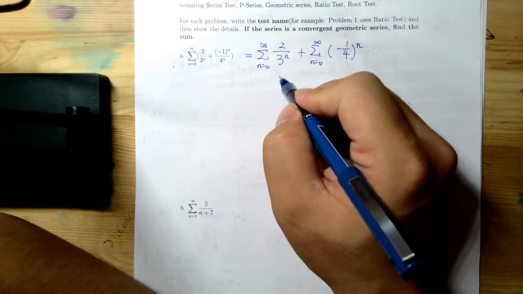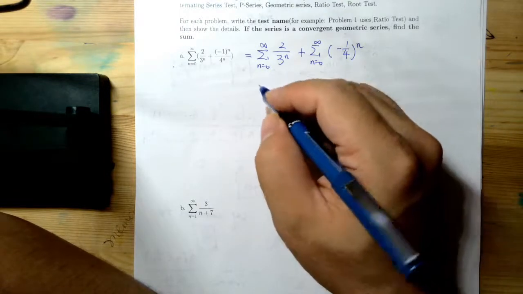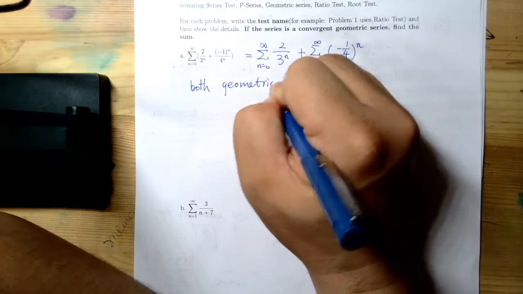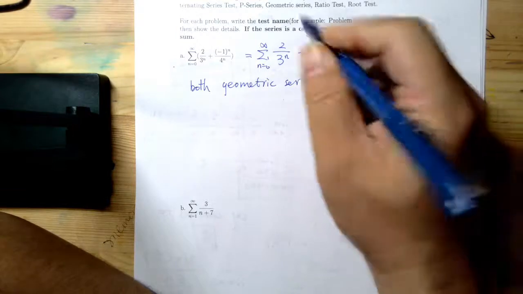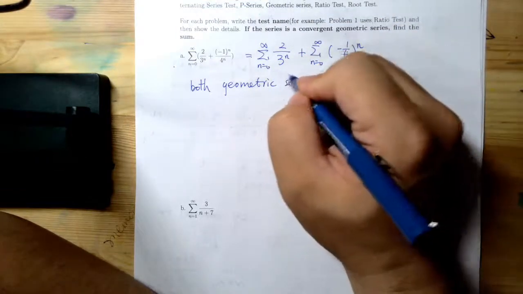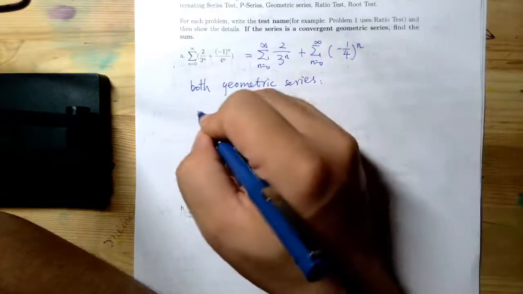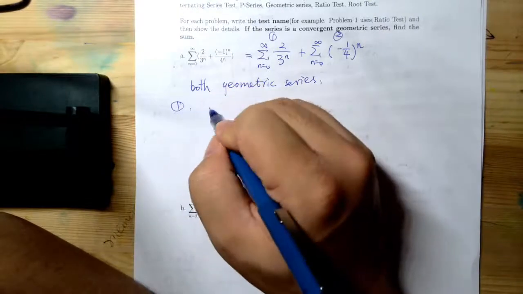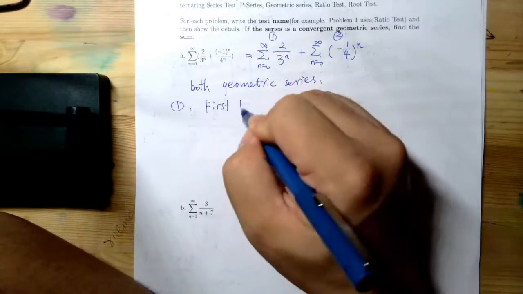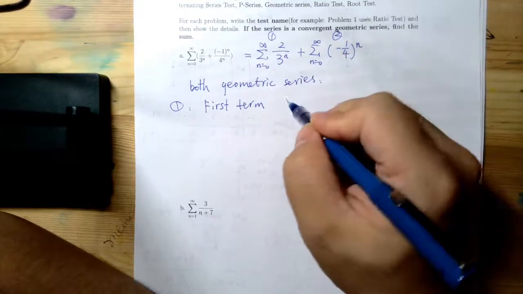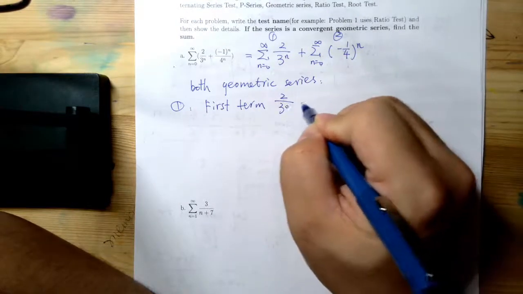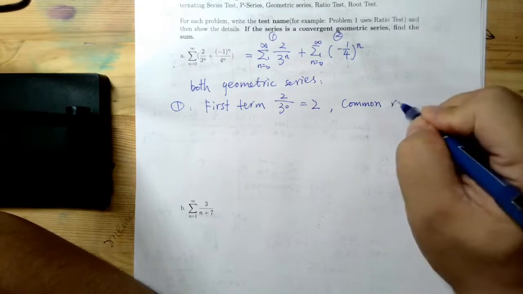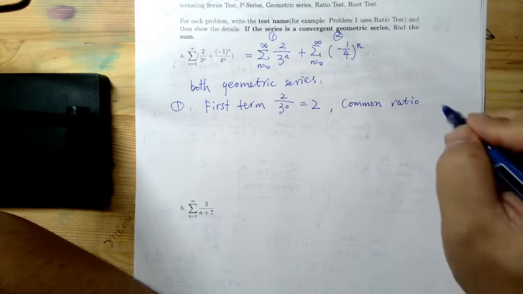Let me label this one 1 and this one 2. For the first one, the first term is 2 over 3 to the power 0, which is 2, and the common ratio, as you expect, is 1 over 3.